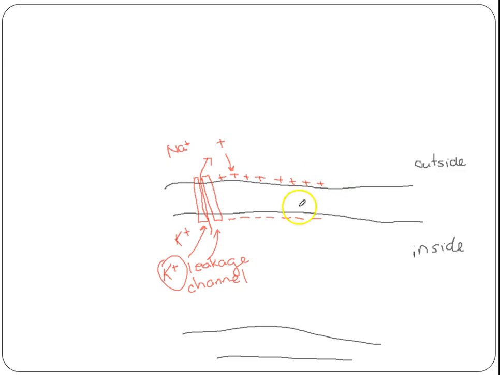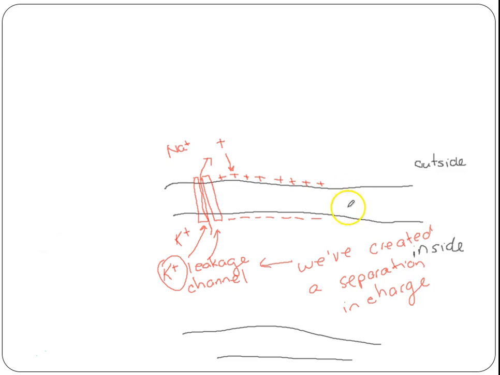So what we have done here with this leakage channel is we've created a separation in charge, right? Positives are outside, negatives are inside.